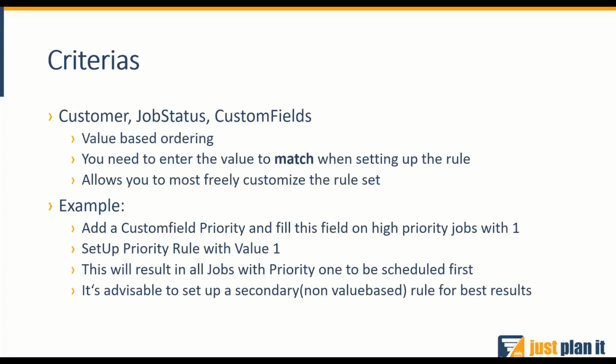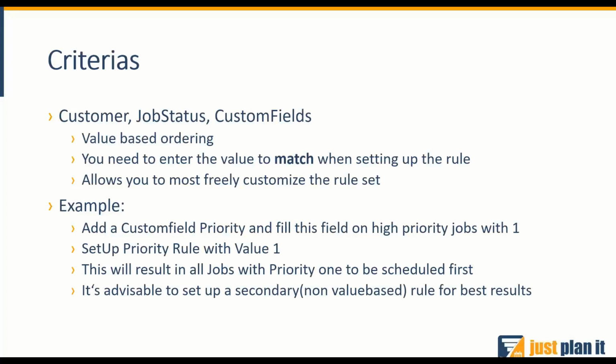Now let's go into an example here real quick. If you add a custom field priority to your job and fill this field on high priority jobs with a 1. Next, you set up a priority rule with value 1. Then this will mean that all jobs with priority set to 1 will be scheduled first, irrespective of other criteria, if this is your number 1 rule.